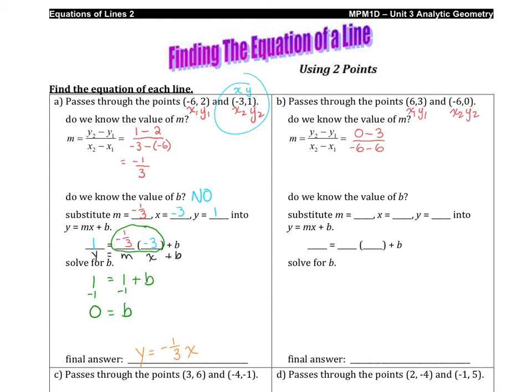I don't mean to be a calculator pusher, but I don't want you getting the wrong answer because of a careless mistake. So that becomes negative 3 over negative 12. And now it needs to be put into lowest terms. And don't forget they are both negative. So that is 1 over 4 in lowest terms. So your slope is 1 over 4.